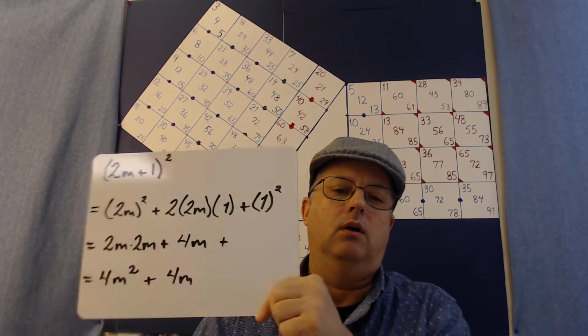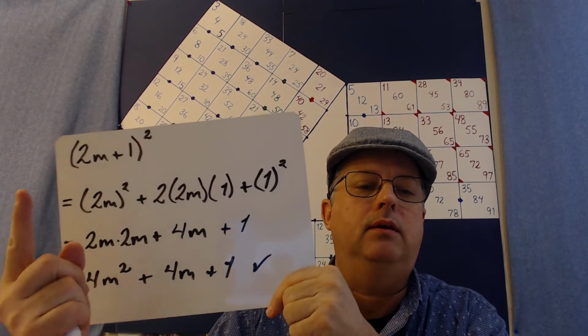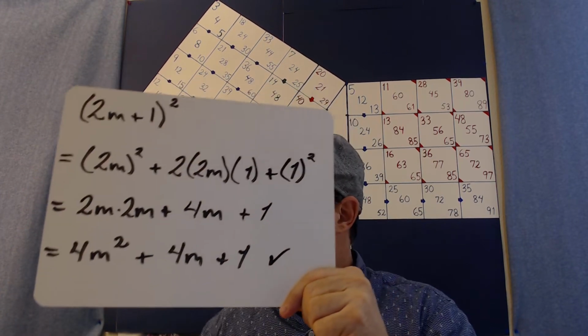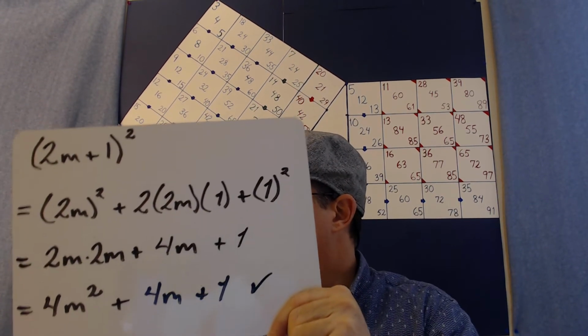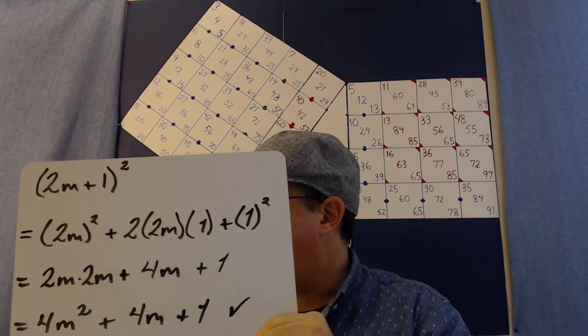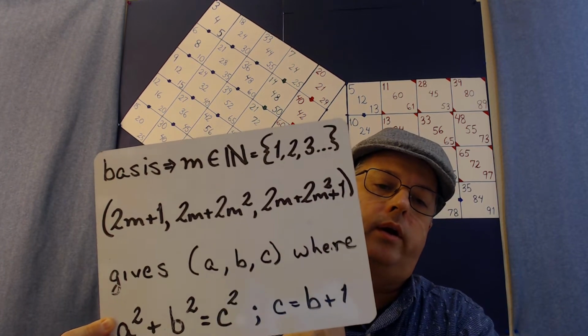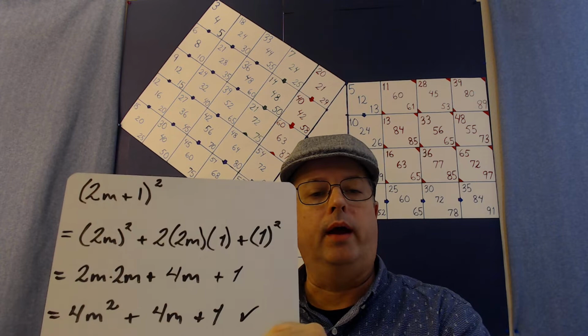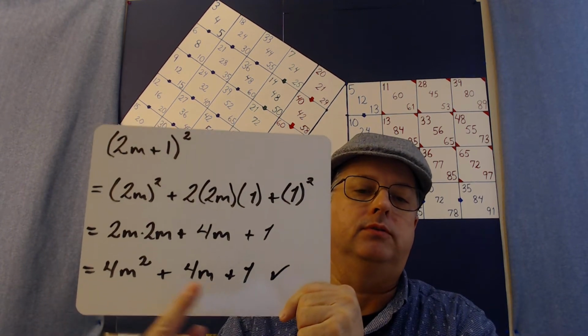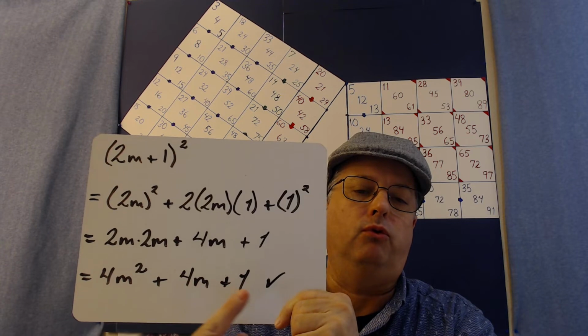And then 1 squared, 1 times 1, is still 1. So we have expanded the first part of our Pythagorean generating formula, 2m plus 1. And so 2m plus 1 squared gives us this expression here, 4m squared plus 4m plus 1. So that's the a squared.